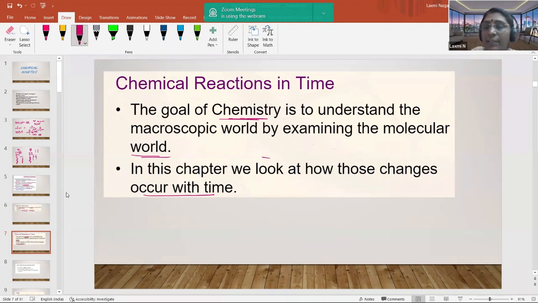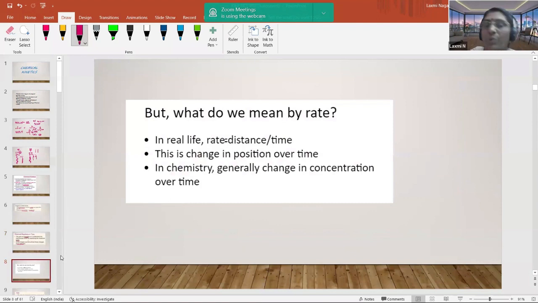Chemistry has developed so much that we are able to intervene in chemical reactions; sometimes we speed them up, sometimes we slow them down. So we are entering the molecular world, and you can keep telling them this to make them more interested in the topic.